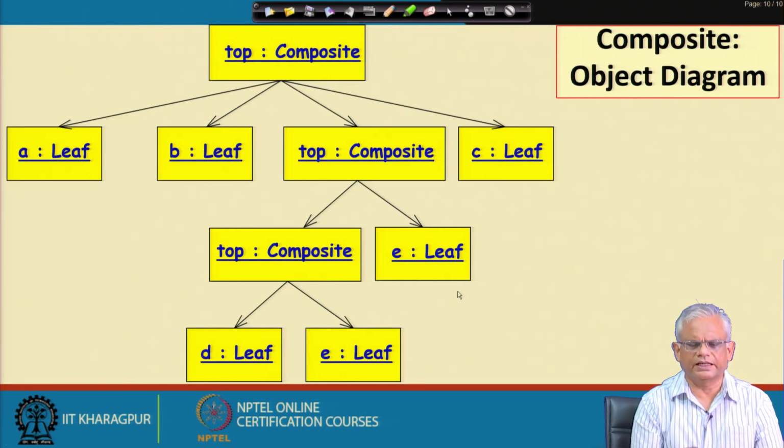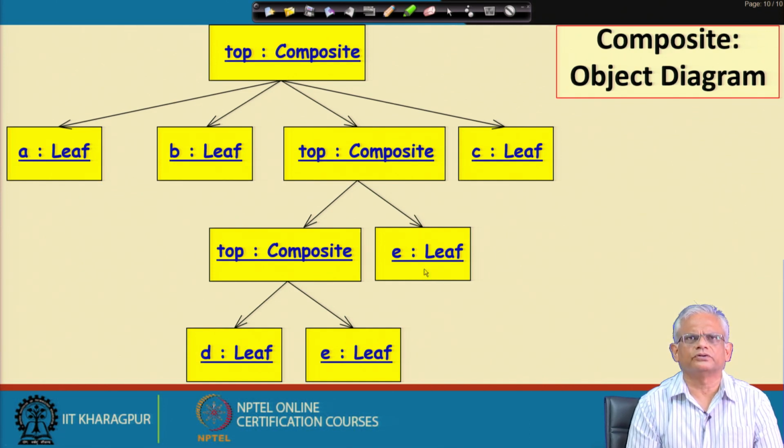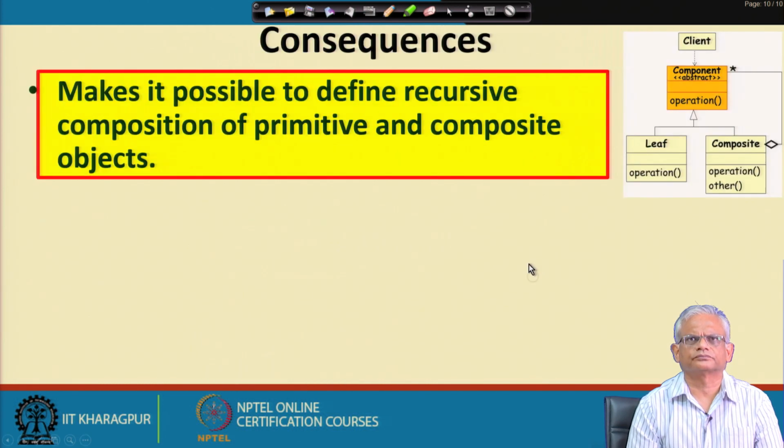And this is the object diagram. There are different objects here: composite objects which contain other objects and primitive objects. So, it will not be very difficult for you to draw the object diagram given a code or a running of a code.